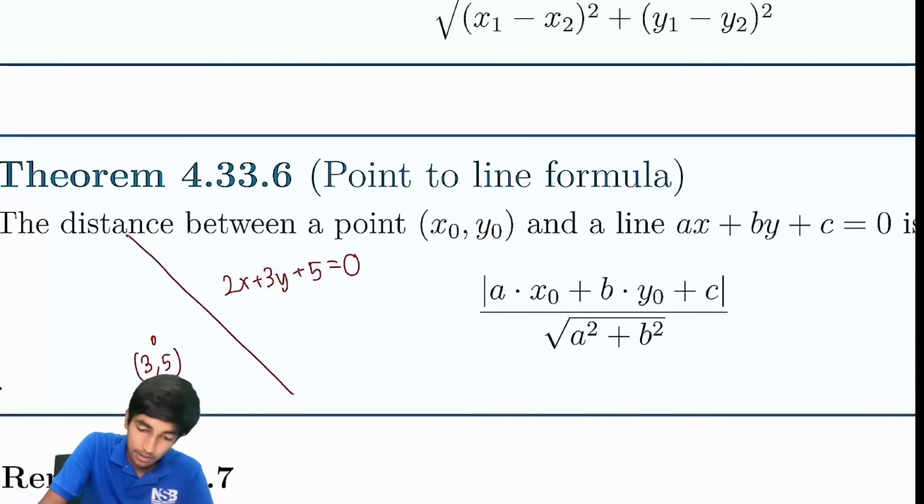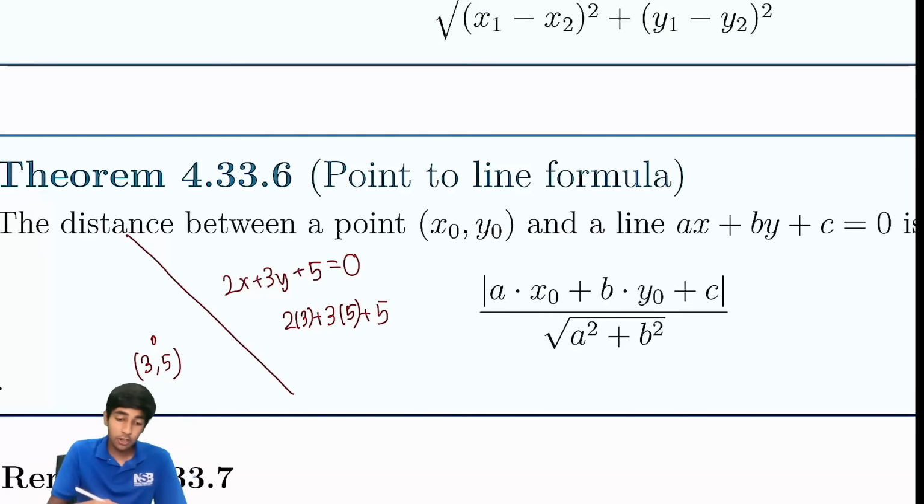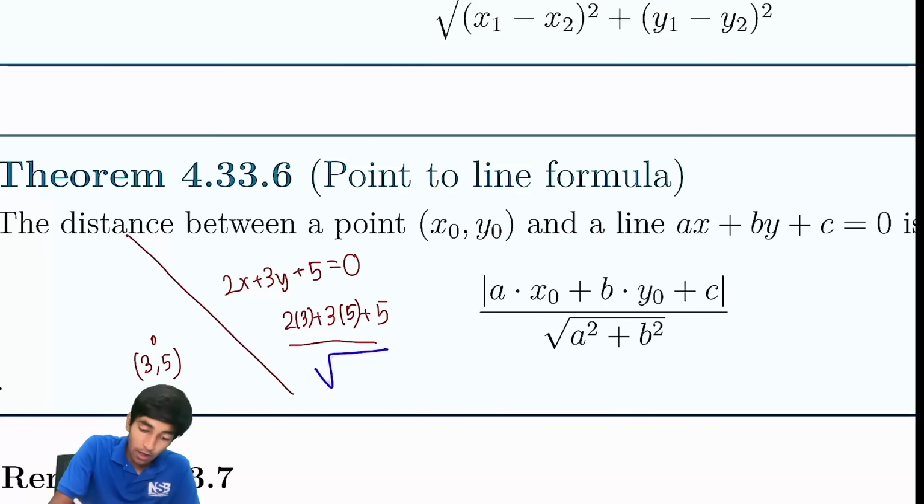So now it's actually very simple, despite what the formula might suggest. You just write 2x + 3y + 5, but instead of x and y, you plug in the values of the point. So you put 3 here for x, and 5 here for y. And in the denominator, be very careful here. We take the square root of not 3 squared plus 5 squared, but 2 squared plus 3 squared. You look at the coefficients of the x and the y values, and that's going to be our denominator term.